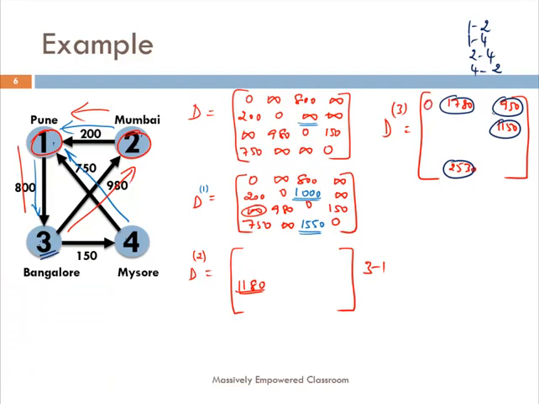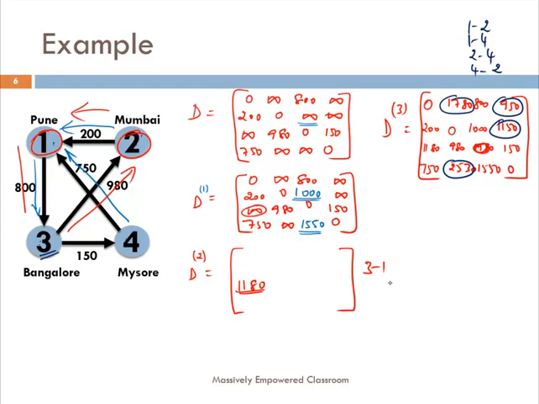So we have this as 0, this is 800, this is 200, then you have a 0, then you have 1000, then this one is 1180, 980, 1980, and then 150, 750, oh sorry, this is a 0, and then 1550 and 0. So there are no more infinity. That is, we have already found a shortest path from every node to every node.